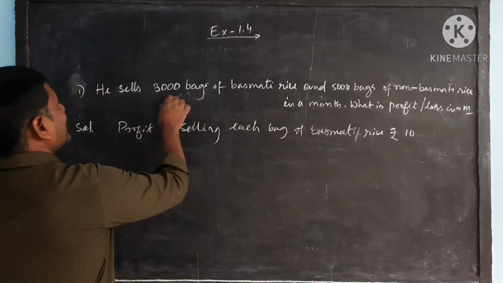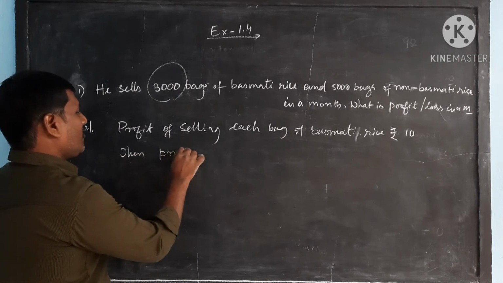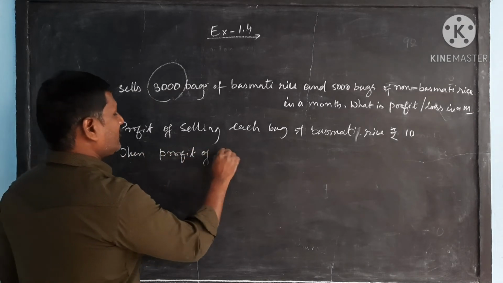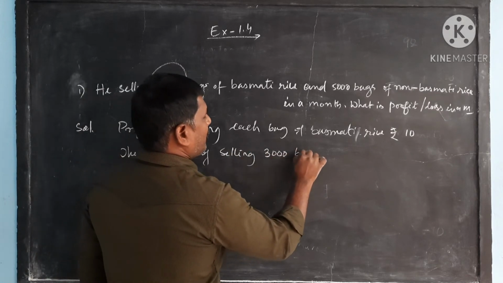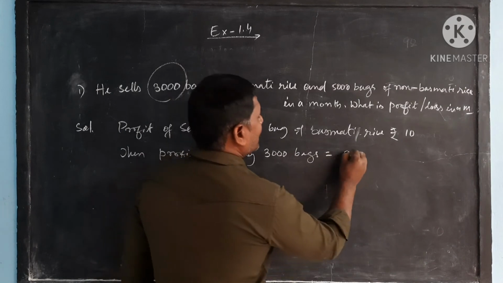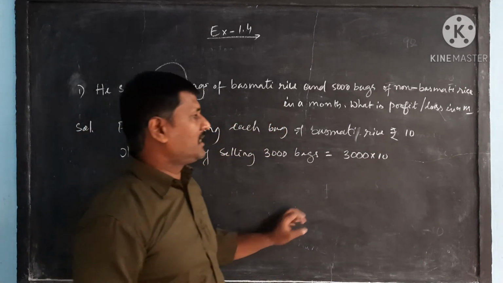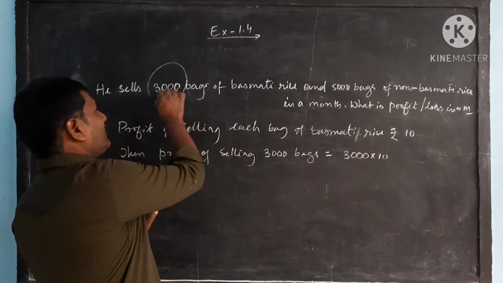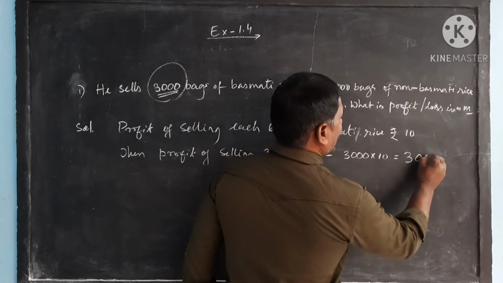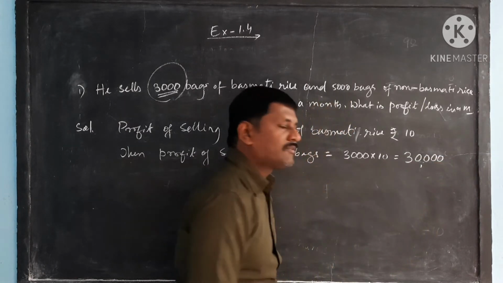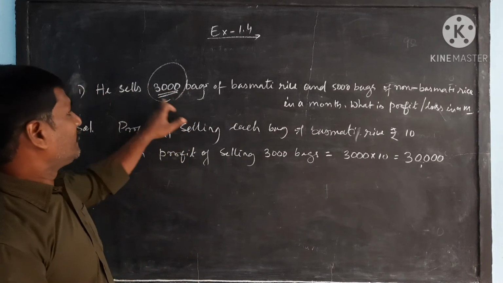Then the profit of selling 3000 bags is equal to 3000 into 10, because he gets 10 rupees per bag. He sells 3000 bags, so 3000 into 10, then we will get 30,000 rupees. So he gets a profit of 30,000 rupees from selling the basmati rice.